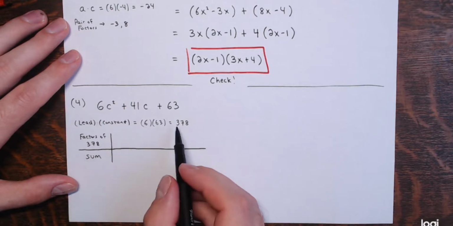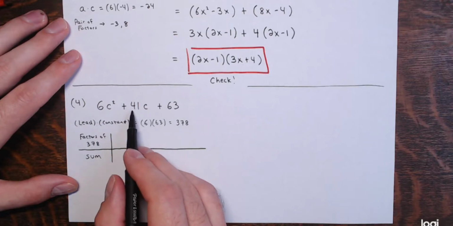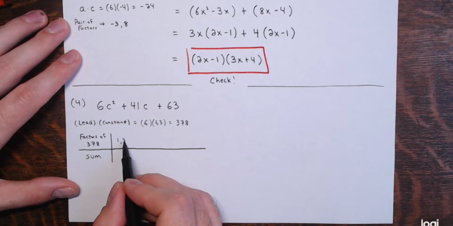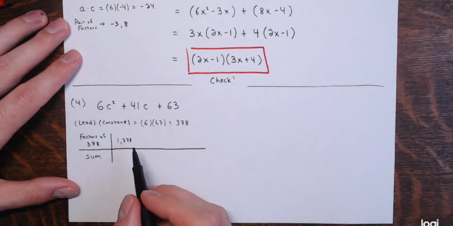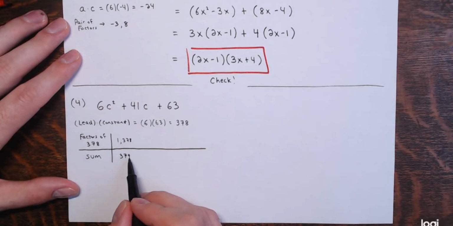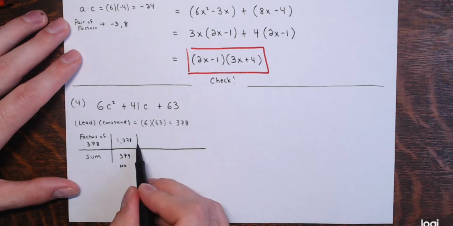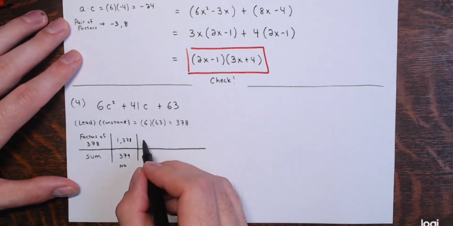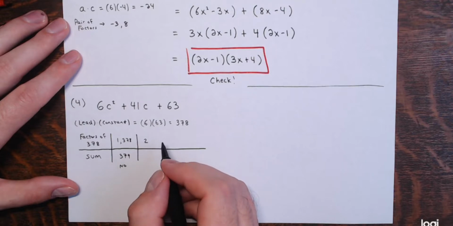Now, they need to both be positive numbers because I want the sum to be positive and the product to be positive. So obviously 1 and 378, that's not working. Those add up to 379, which is not 41. This is even, so 2 goes into it. It'll be 2 times 189.